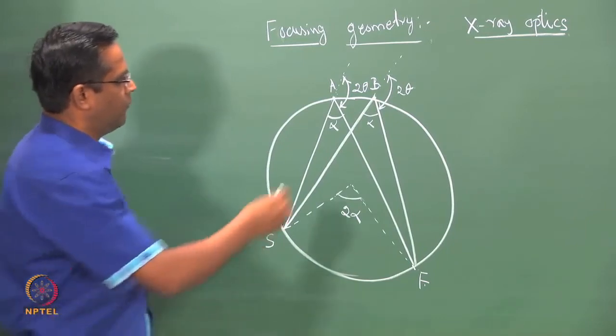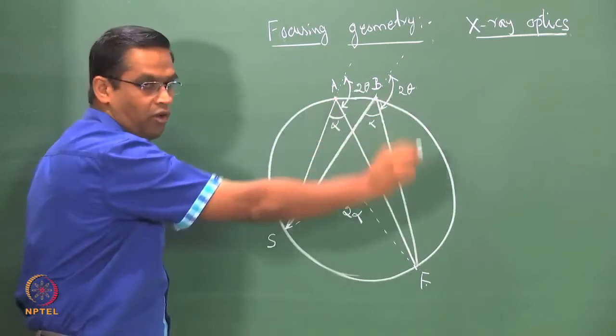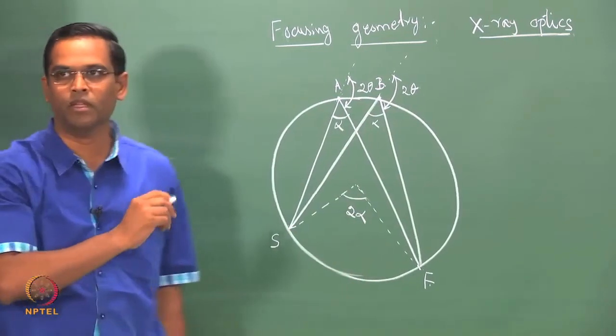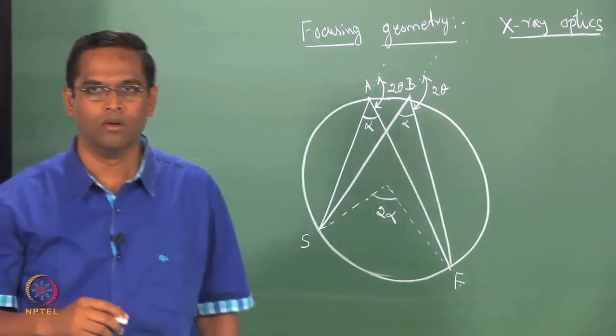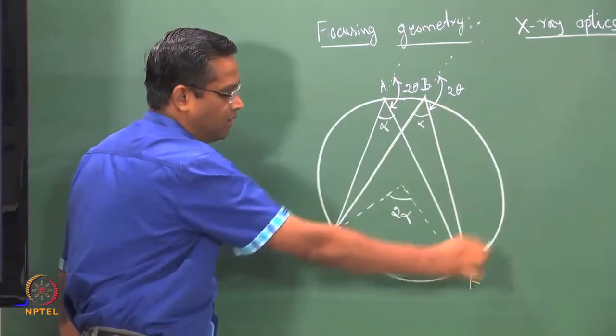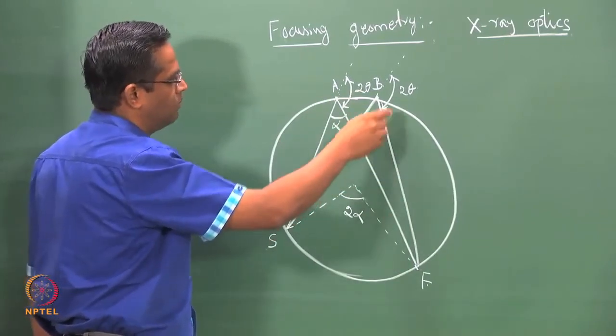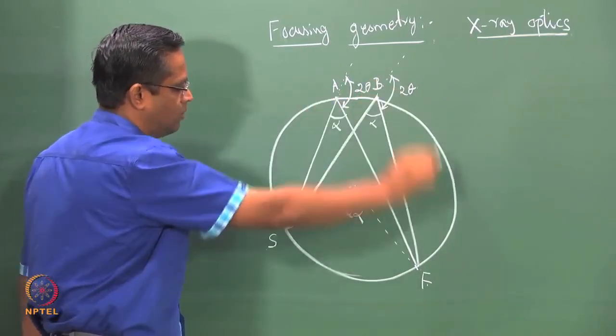So, if this geometry is maintained for all the scanning, for variable 2 theta, this is completely maintained. Wherever you keep variable 2 theta, this geometry is maintained.